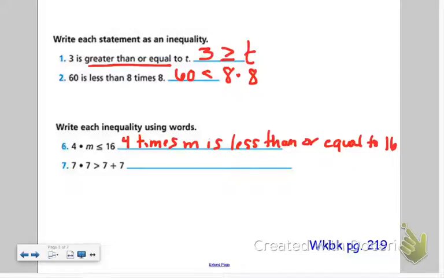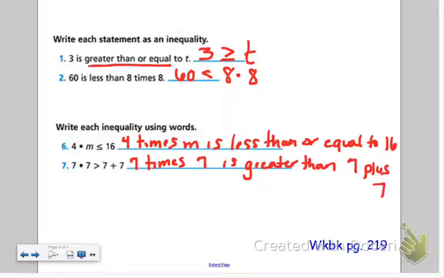Number 7. Wow, lots of 7. 7 times 7 is greater than 7 plus 7. So that one's just a greater than. There is no or equal to option there.